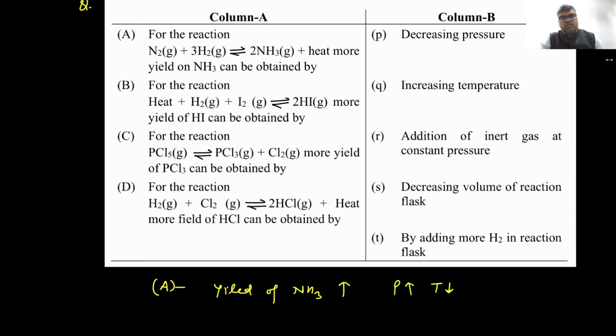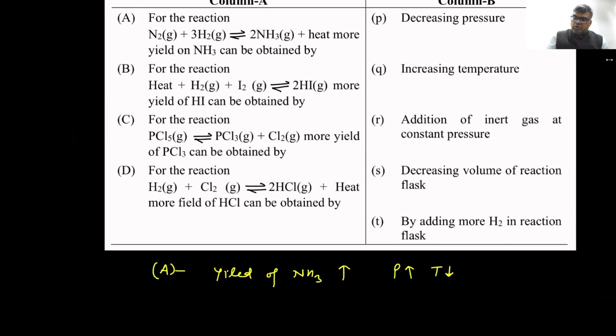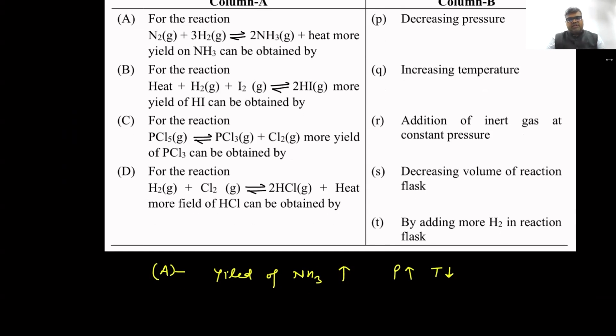Addition of inert gas at constant pressure will shift in the direction of positive delta n, so this is also incorrect. Decreasing the volume of the reaction is simply an increase of pressure, so that is a correct option. So for option A, S will be marked. And by adding more hydrogen in the reaction vessel, if we increase the reactant concentration, it will shift in the forward direction. So option A is S and T.